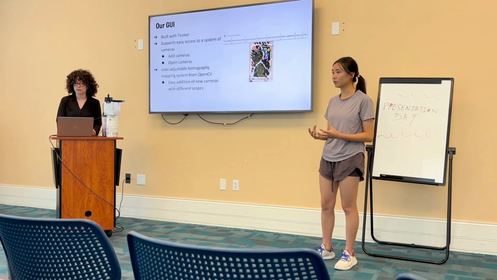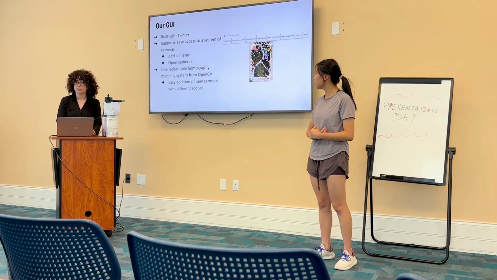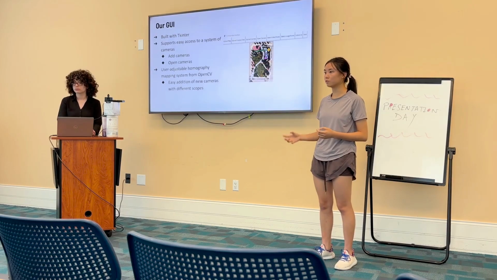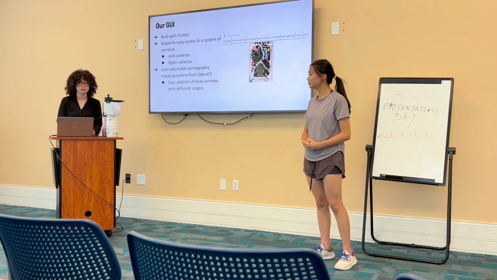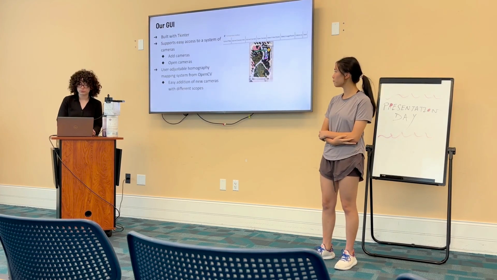And whenever you add a camera, you obviously need to adjust the homography so that it can transform points from that camera. So we've also made an adjustable homography mapping system where the user can select the landmarks for the homography from the interface. And this basically allows for the easy addition of new cameras around different spots of the park.